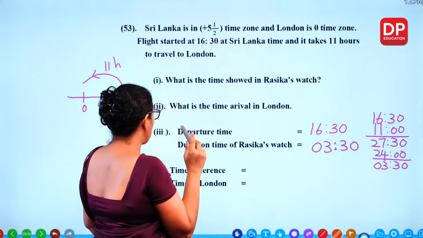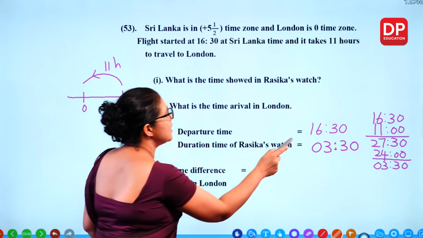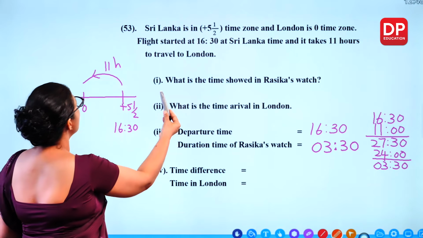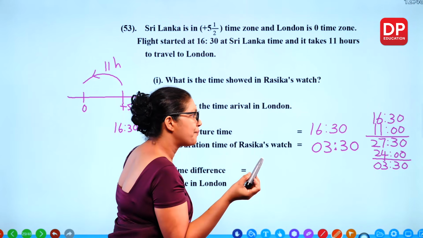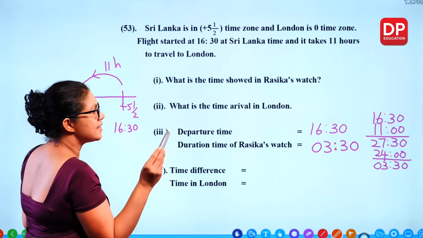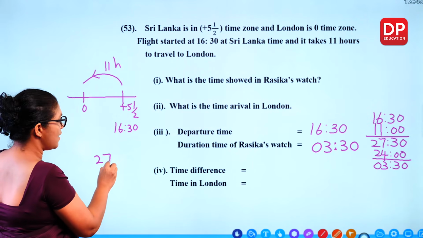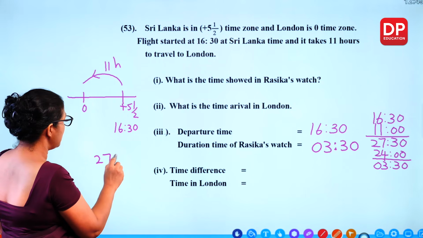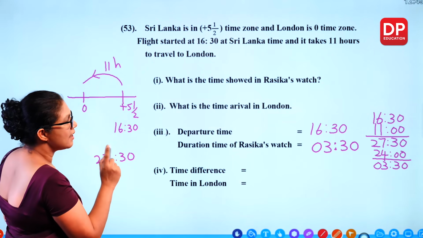Now how do you find out the time difference? Now 3:30, you have to subtract 11 hours. So how can we write 3:30? You can write 3:30 as 27:30, subtract 11 hours.